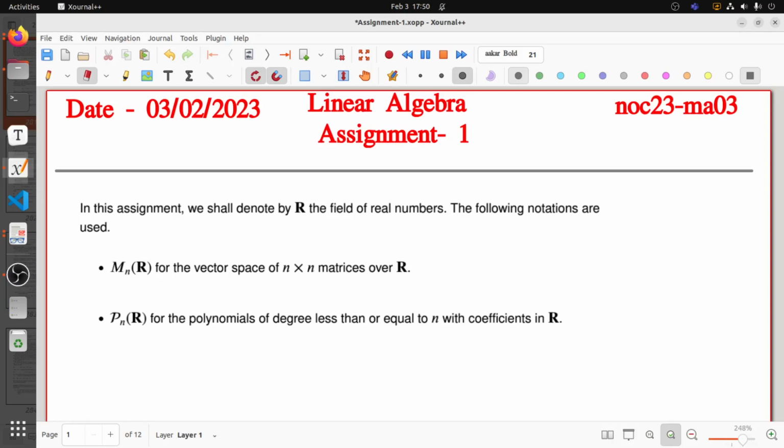Now you have to check the scalar multiplication. So you have to check S of cP1, for c in the real numbers, meaning whether cP1 is in W or not. So you have to compute S of cP1.